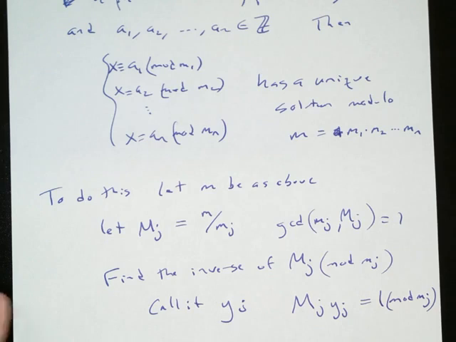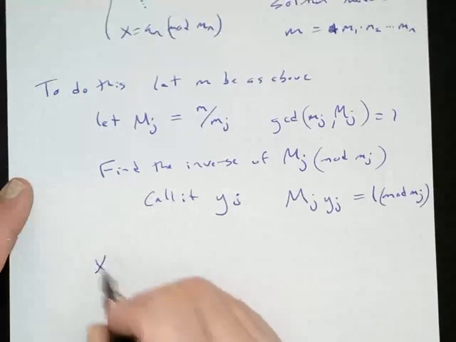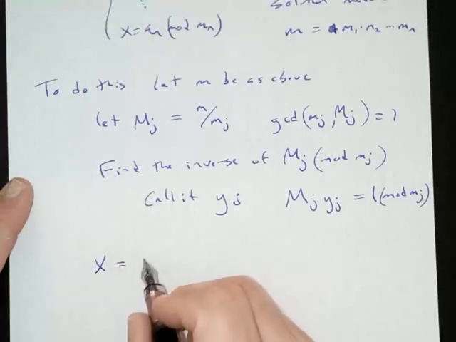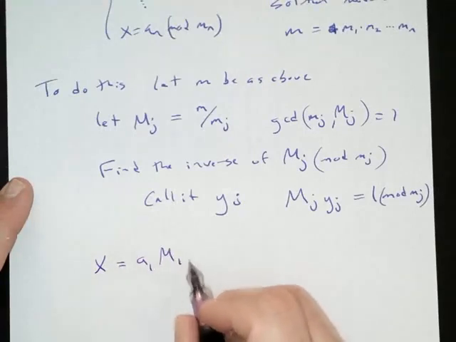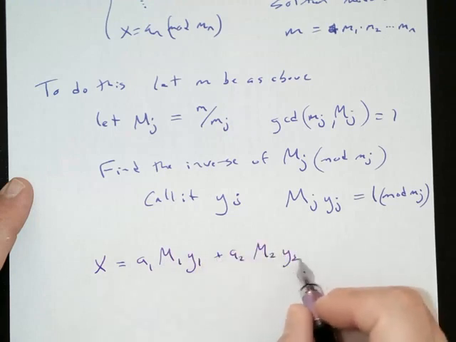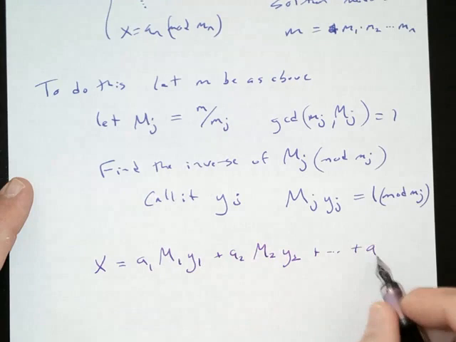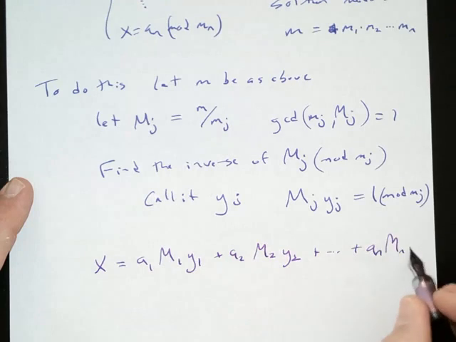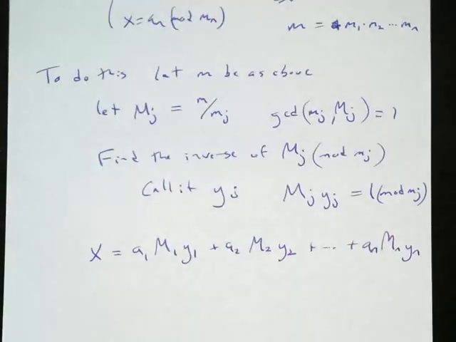The solution to my problem, x, is the product and sum of all of those pieces. Now, upon reading this, you should most likely be going, what is going on here?